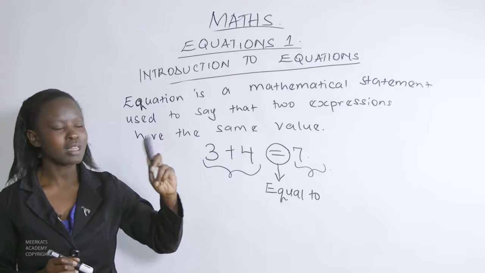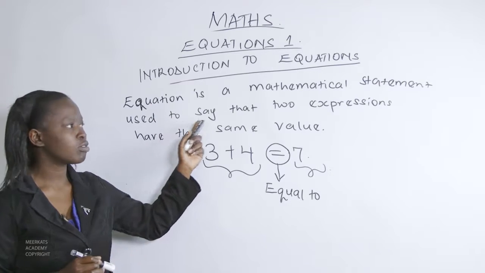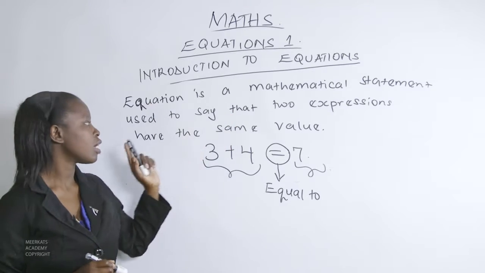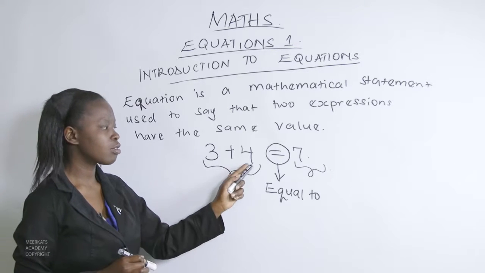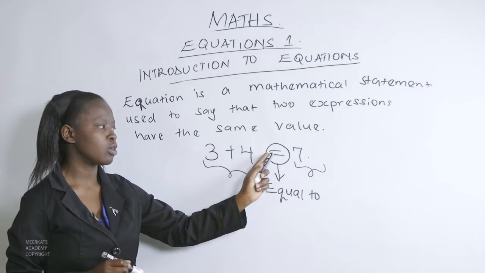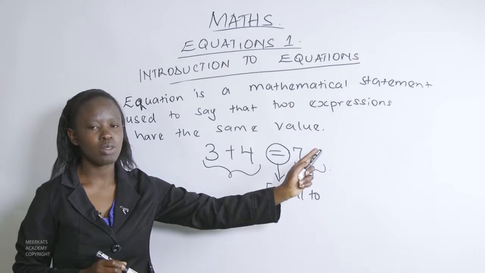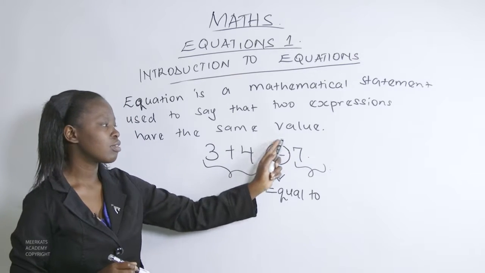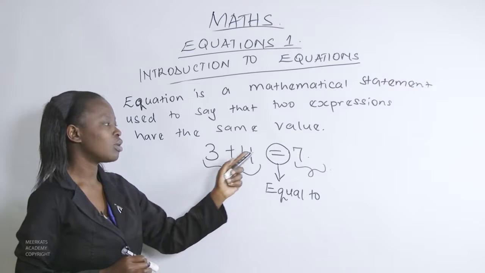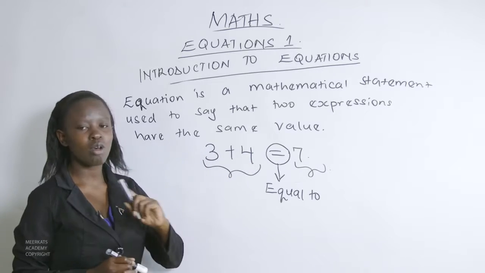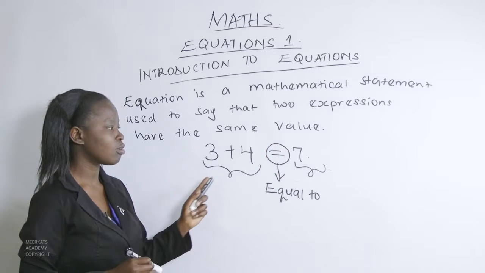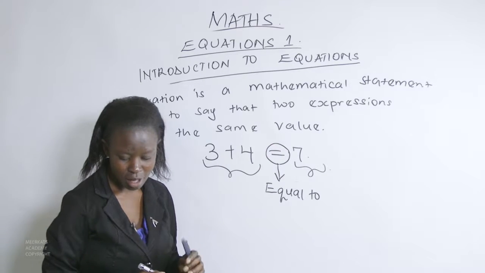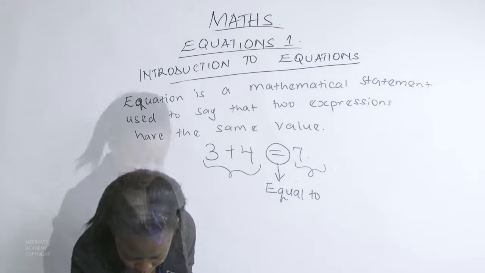An equation is a mathematical statement that is used to say that two expressions have the same value. We have an expression on the left-hand side of the equation and an expression on the right-hand side. This sign shows that whatever is on the left-hand side is of the same value as what is on the right-hand side. So we say that this is an equation.